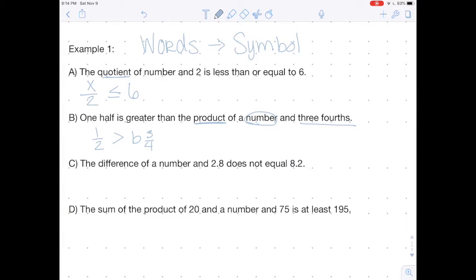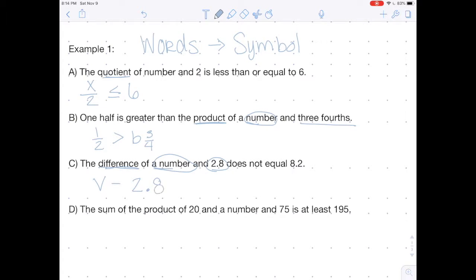Alright, looking at C, it says the difference of a number. Difference means subtract. The difference of a number and 2.8. A number, we can use whatever variable we want. I'm going to use V. And 2.8.